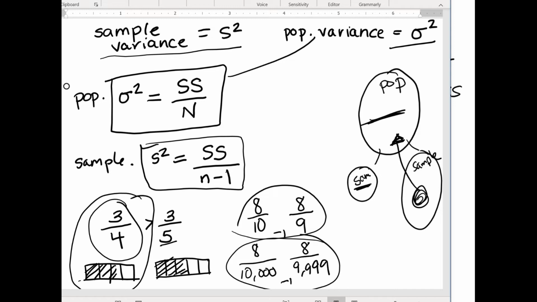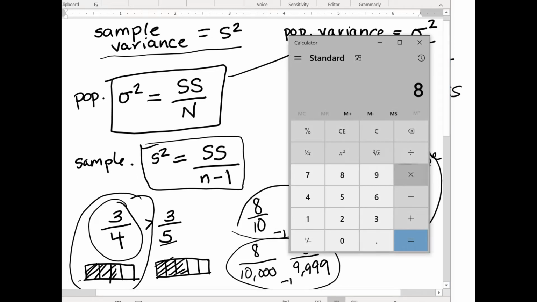If we have a really big sample, the difference between 8 divided by 10,000, 0.0008, and 8 divided by 9,999, again, it's going to be 0.0008008, right? So it's a tiny, tiny little difference versus 8 divided by 10 and 8 divided by 9.